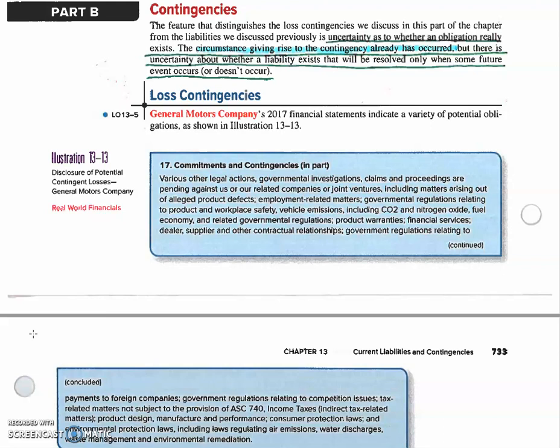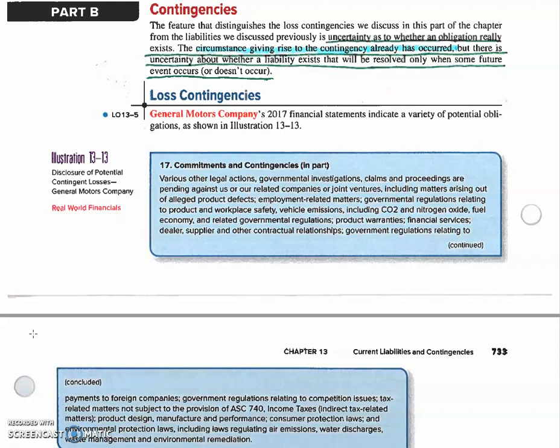So we come up and say, is it probable that we're going to have to make some future sacrifices to make repairs to things we warranted? The answer is yes, it's probable. Can we reasonably estimate the amount? Yes, we think it'll be about 3% of sales, $30,000. So in that case, we actually have to record a liability.